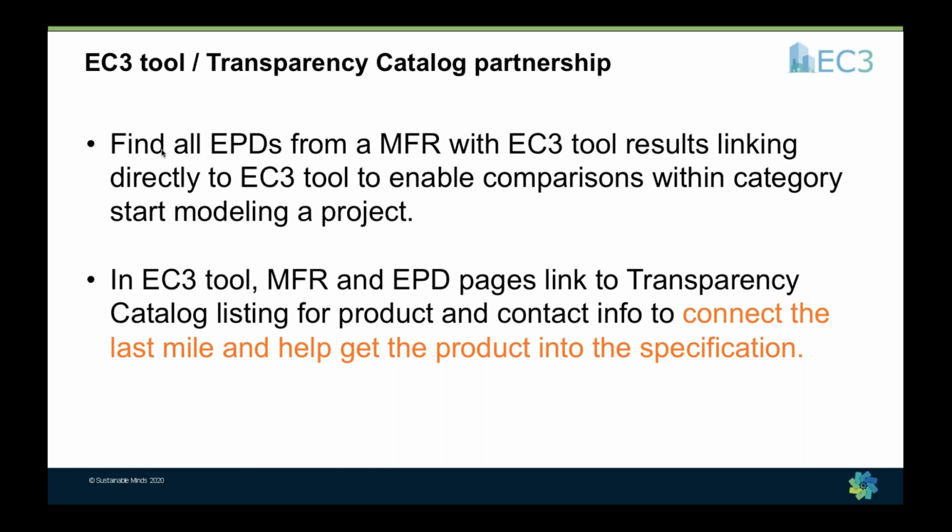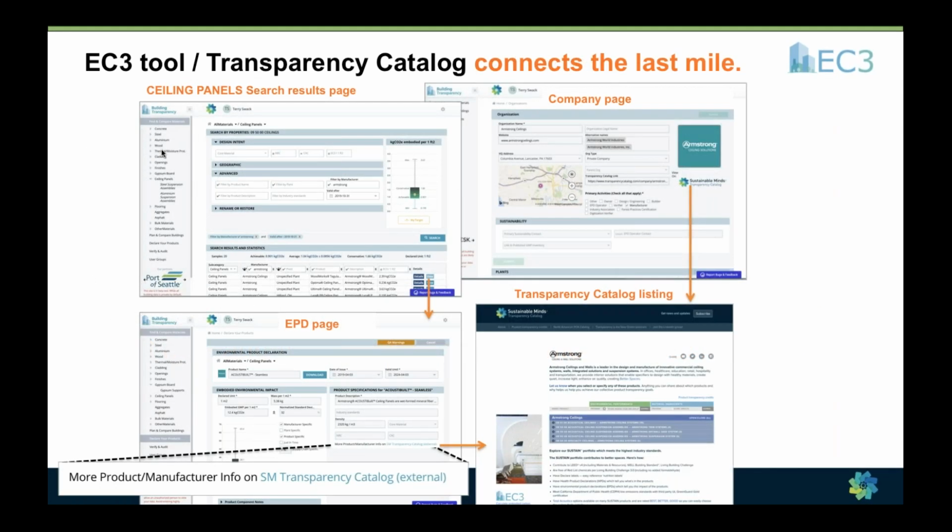And if a user is in the EC3 tool, already modeling a project and drilling down to the manufacturer and the EPD level, they're going to be able to go directly into the transparency catalog to connect the last mile between that specifier, procurement person, or designer and the manufacturer, because in the transparency catalog are a bunch of ways to contact the manufacturer, get more information about the product, and make sure that it gets into the spec. So we're going to show you a demo of this.